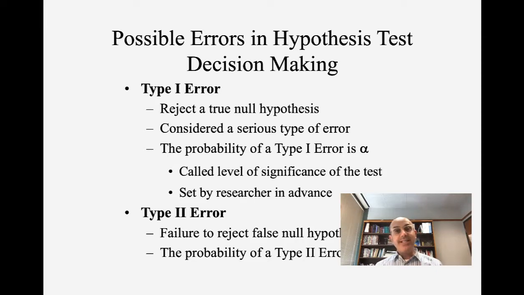In hypothesis testing, as we did beforehand, we also have the issue of error. There are two types of error: type 1 is rejecting a true null hypothesis. The type 2 is failure to reject a false null hypothesis.